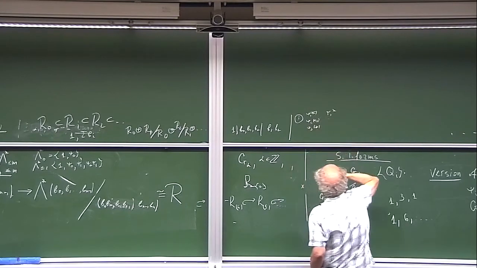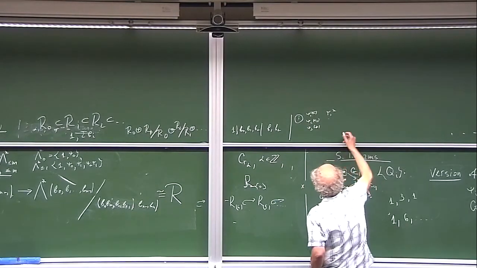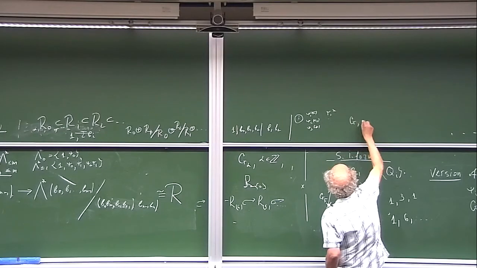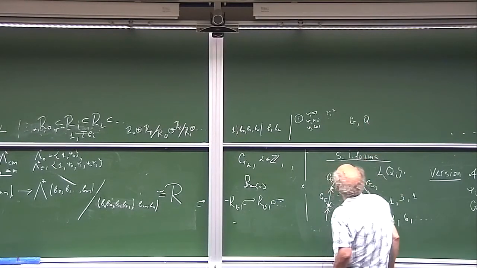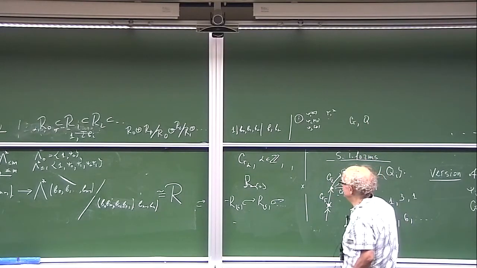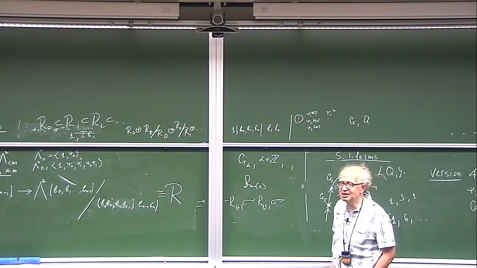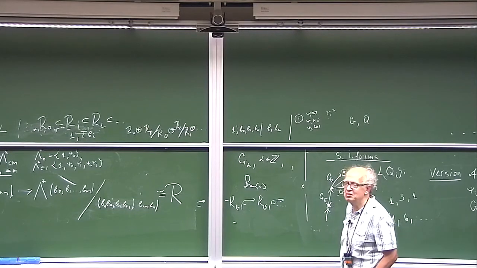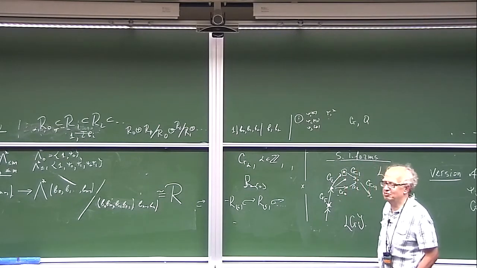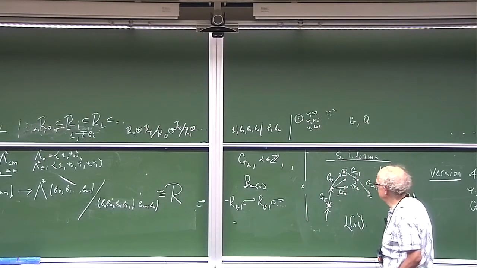Then the acting algebra with generators G, Q, Z, and I take a highest weight vector and generate a sub-representation, which gives me something that I claim is a representation of the vertex operator algebra.